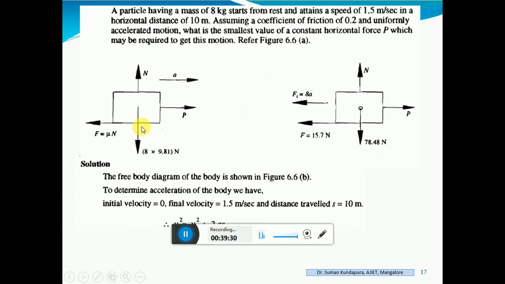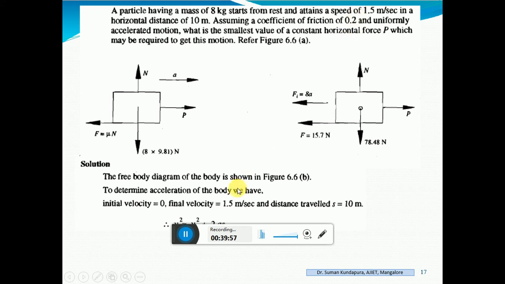In the friction problems, we used to apply a friction force in the opposite direction of the force, in which direction the body moves. Opposite direction to that is a friction force, and perpendicular to that is the normal reaction, which can be shifted along the line of action upwards. That is N. And the friction coefficient is given as 0.2.